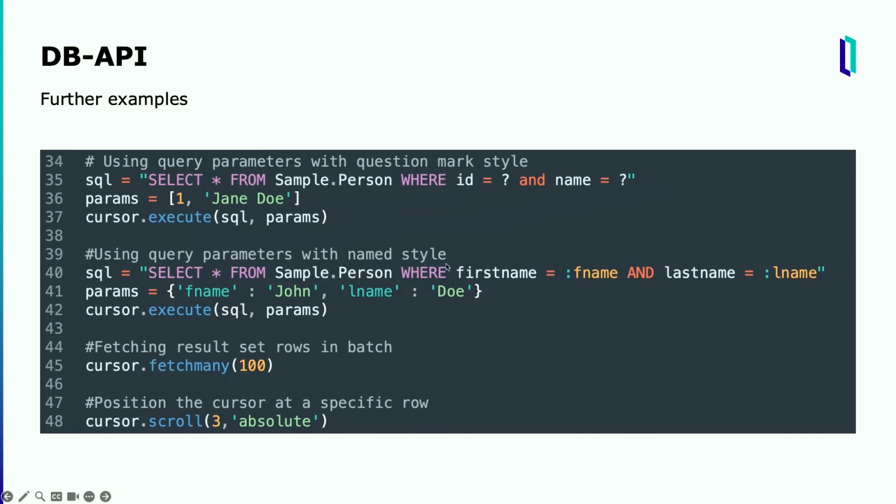The other option, which is also pretty popular, is to use named parameters, the named style. So just use colons with the label name here, and then you don't pass in an array, but you pass in an object where the keys are the names that you presented in your query, and the values associated are the values you want to place into your SQL query.